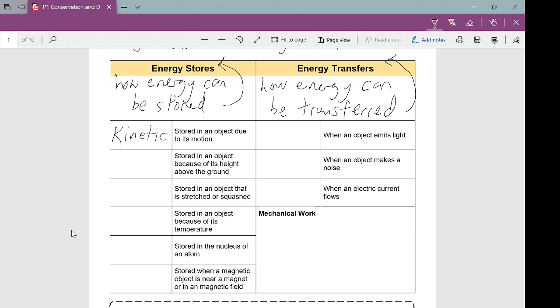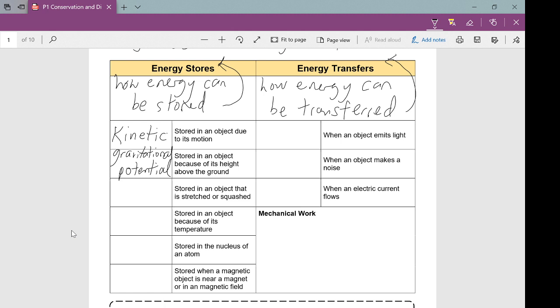Now what about an object stored because of its height above the ground? I'm not going to give the first letter now. So if we lift an object up, we're going to be increasing this type. Spot on, Louis. Gravitational. And it actually has two names. Gravitational potential.